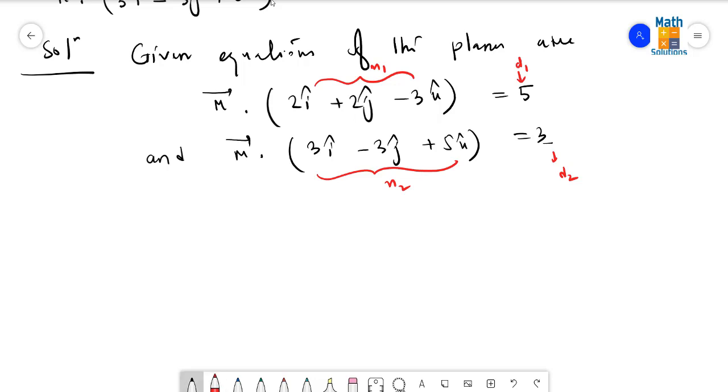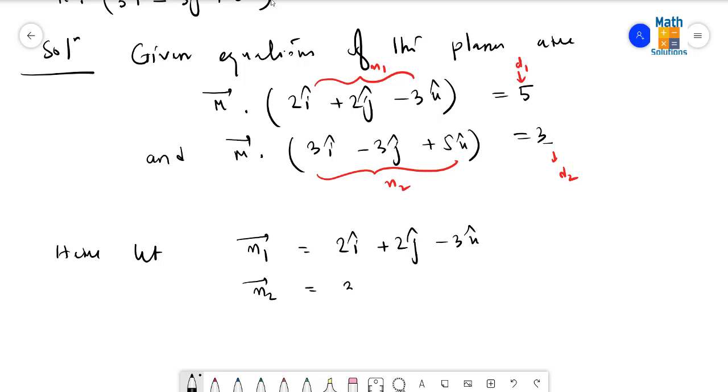So what could be written here? Let vector n1 be equal to 2i cap plus 2j cap minus 3k cap. Then vector n2 is equal to 3i cap minus 3j cap plus 5k cap. At the same time I can write d1 to be 5, d2 to be 3.